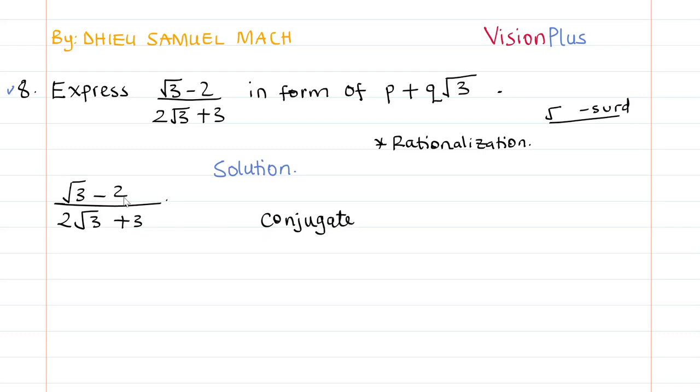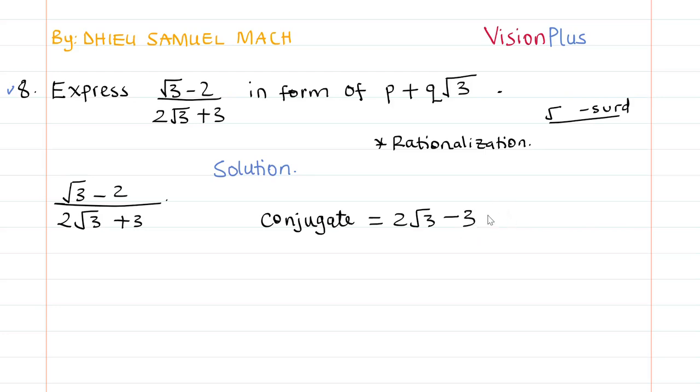Do not even look at the numerator. The conjugate of the denominator is obtained by changing the sign in between these two numbers. That means our conjugate becomes 2 root of 3 minus 3.